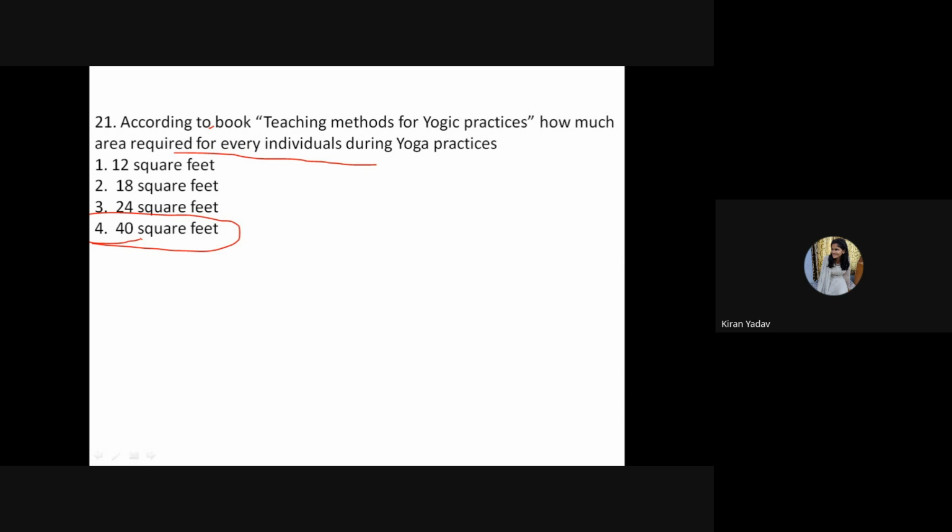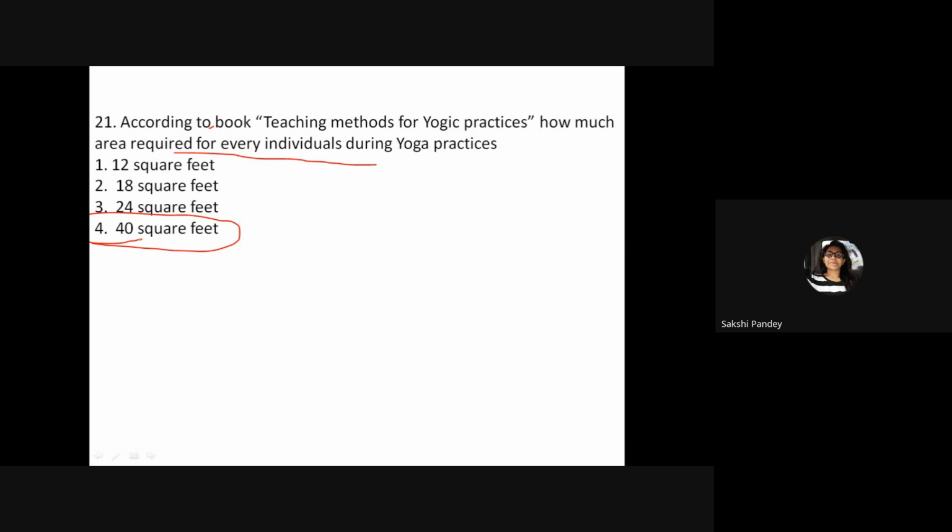Who will tell me the difference between response to instruction method and individualized instructional method? Response to instruction method is where the instructor gives instructions and the followers follow them.